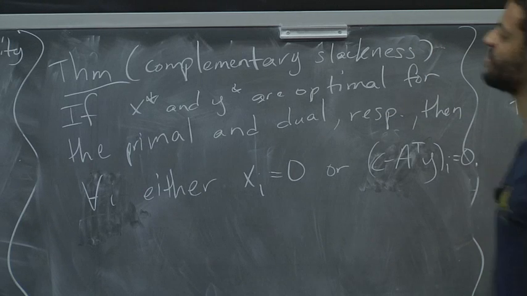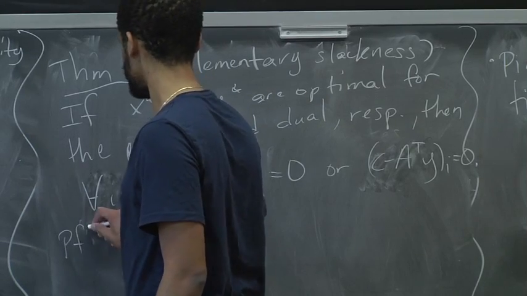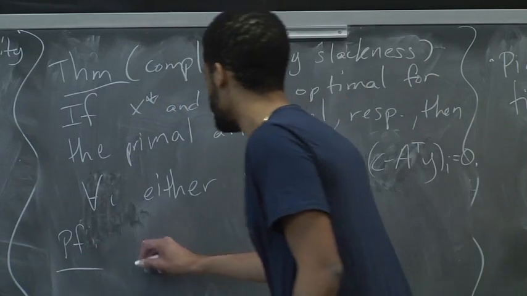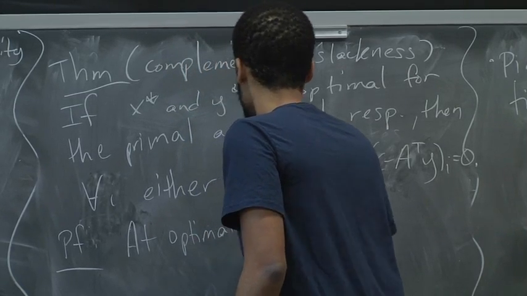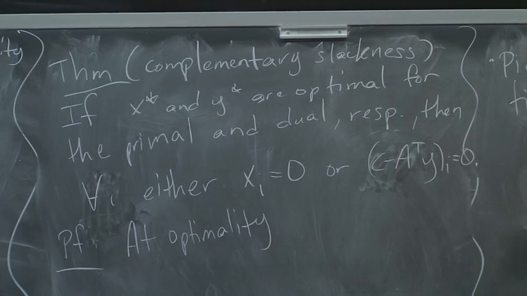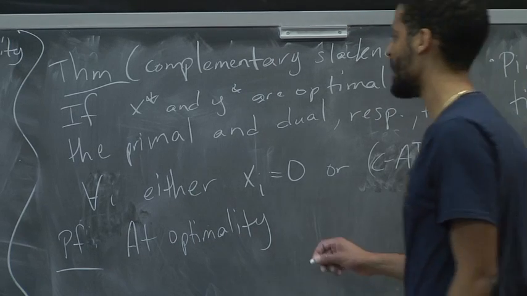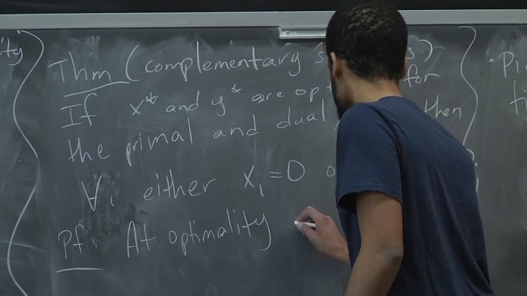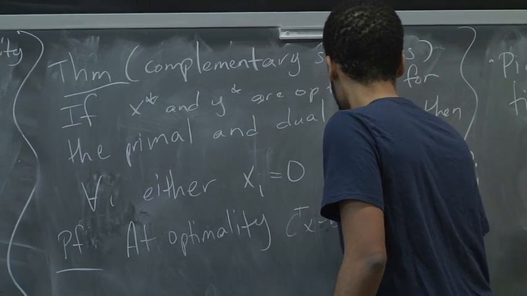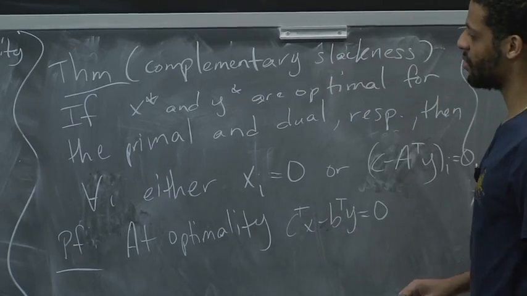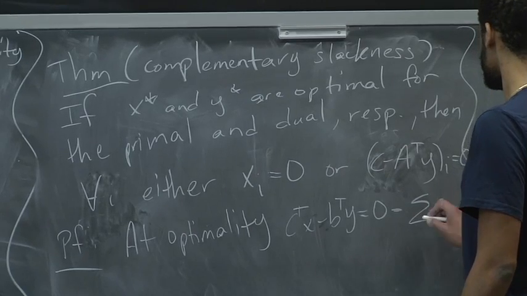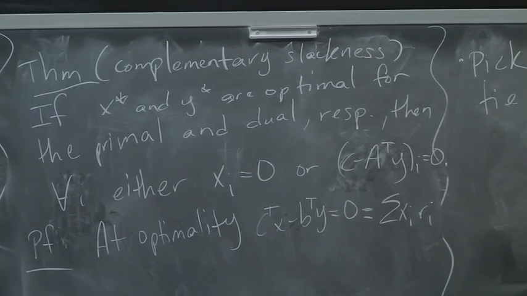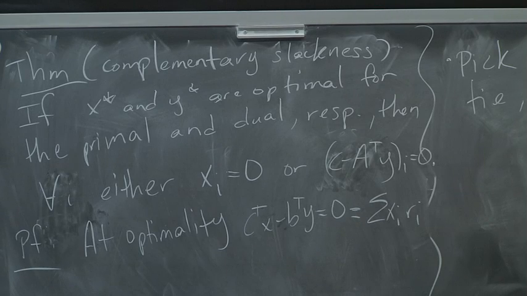And the proof of that is basically already written down. At optimality, by strong duality, there is no gap between the primal and the dual. So we have that C transpose X minus B transpose Y is 0 at optimality. But we know that C transpose X minus B transpose Y is just equal to the sum of x_i r_i.